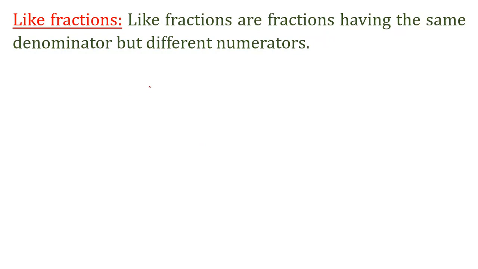For example, see here I am taking 3 by 8, 5 by 8, comma 6 by 8, comma 2 by 8. So these are all have the same denominator but the numerators are different. So this type of fractions are called like fractions.